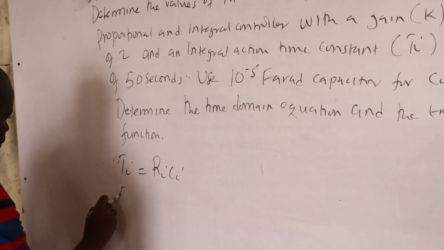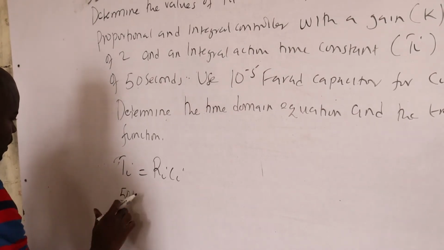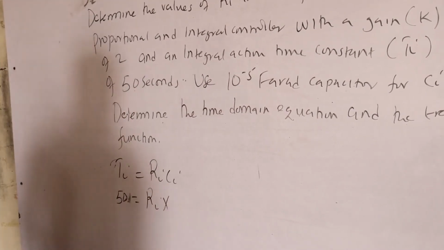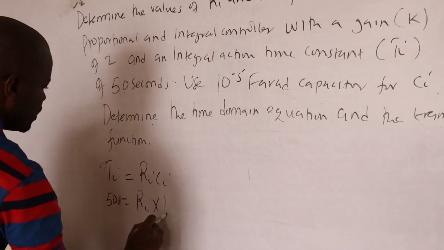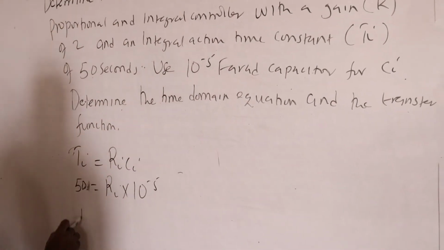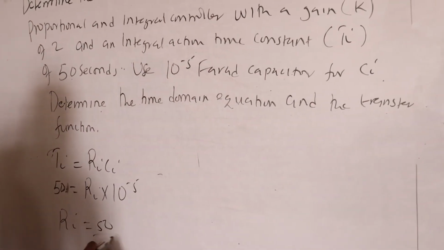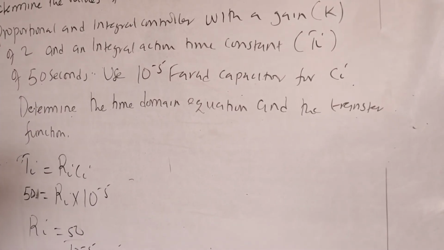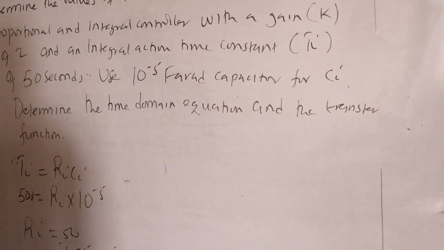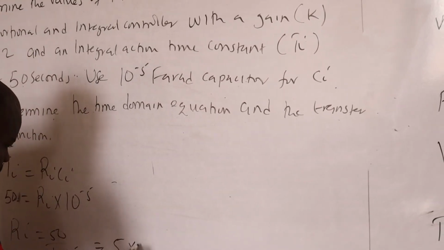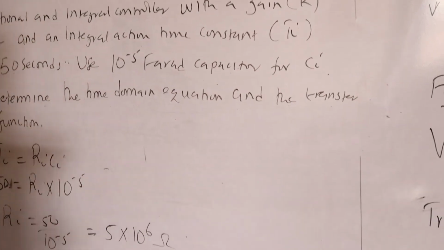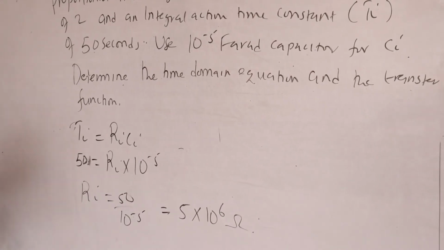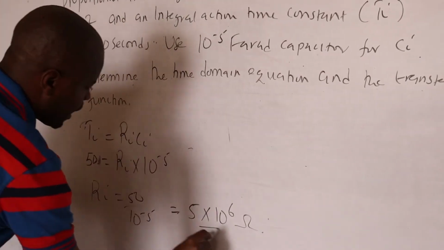So 50 seconds is given by Ri times Ci, and Ci is 10 raised to power negative 5. Therefore, Ri is 50 divided by 10 raised to power negative 5, which gives 5 times 10 raised to power 6 ohms. So that is the value of Ri.